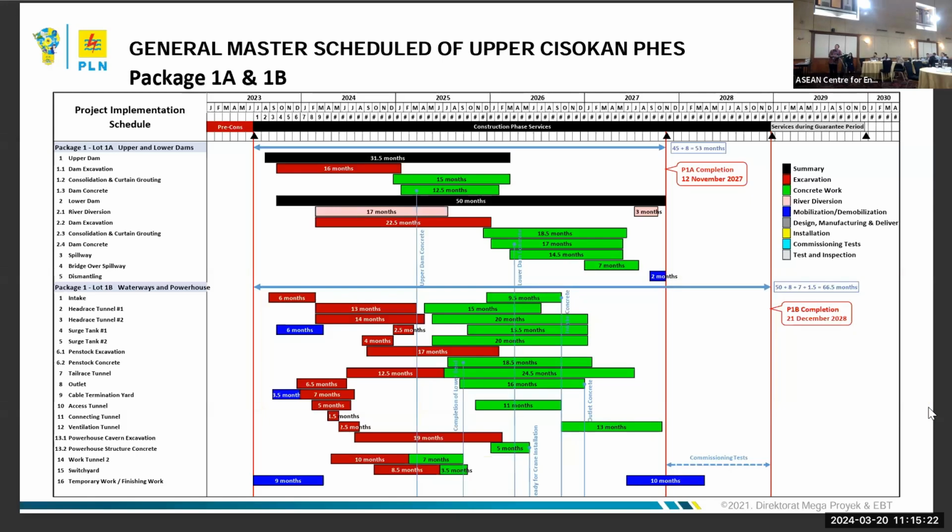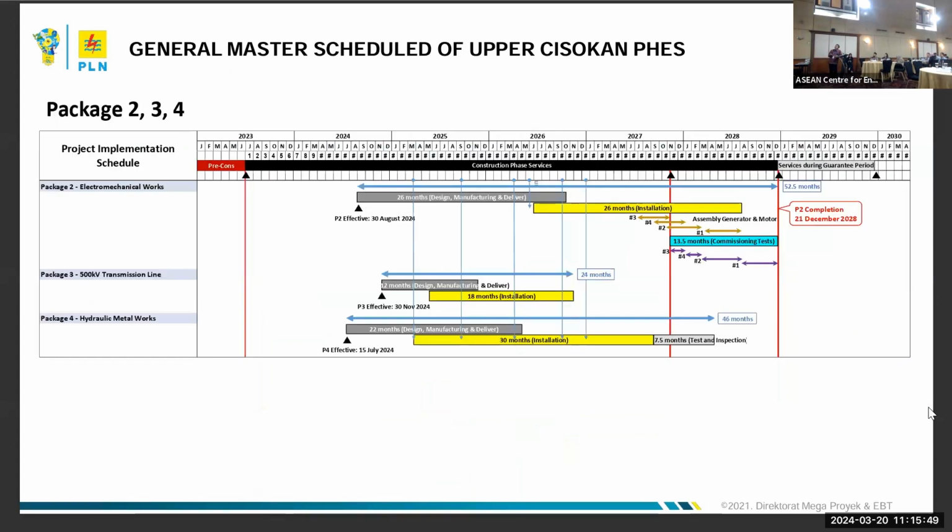This is the master schedule of Upper Cisokan package 1A and 1B. So hopefully the project can reach COD in 2028. Yeah, here is the timeline. This is the activity for the civil work, the lower reservoir, upper reservoir, dam, and powerhouse. This is another package for electromechanical work, still in planning for procurement.